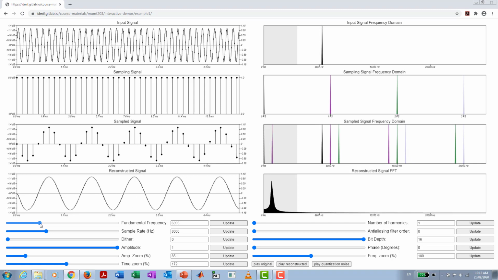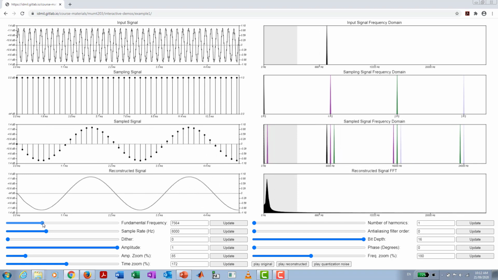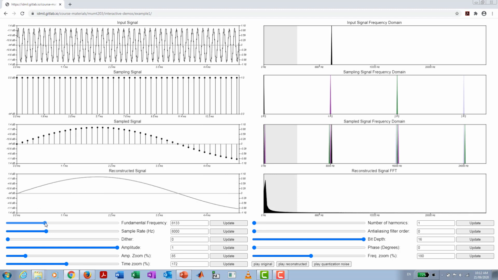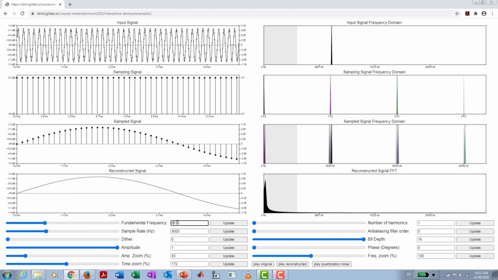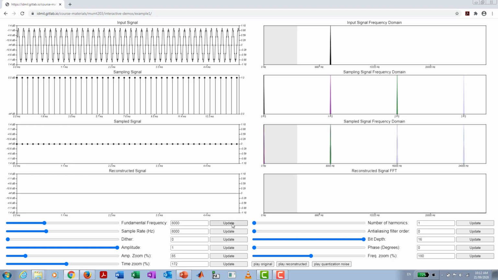When it arrives at 8,000 hertz, basically I will be taking one sample per period. I'm basically taking one sample per period, and my output is 0, because all the samples are at the same point, and I have a DC value.